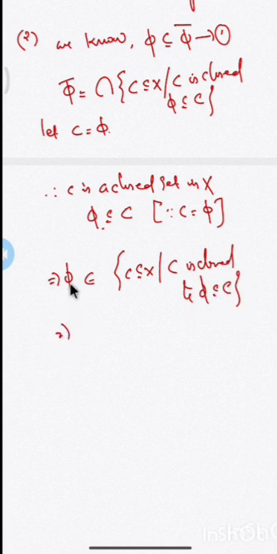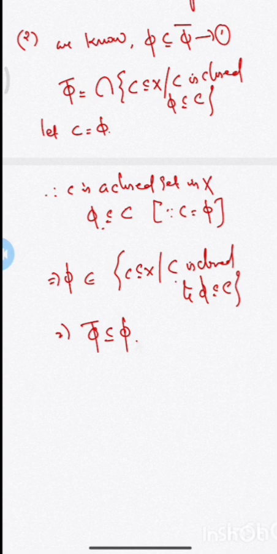Okay, when a set belongs to this collection, then if you take the arbitrary intersection of this collection, that will be contained in this set, correct? Because phi closure is the smallest set containing phi. Here phi is an arbitrary set in this collection. Therefore phi closure should be contained in phi.